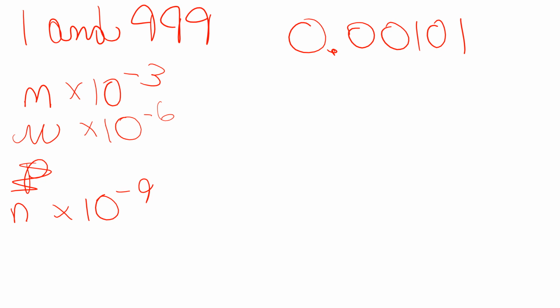So 1, 2, 3, we could pretend there's a comma there. And keep in mind, again, we're going to either move the decimal 1, 2, 3 there, 1, 2, 3 there, 1, 2, 3 there. But if we did it any of those other ones, it wouldn't be between 1 and 999.